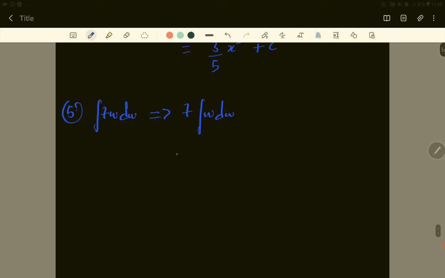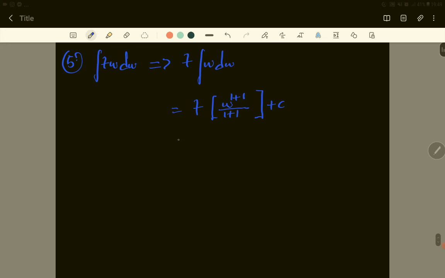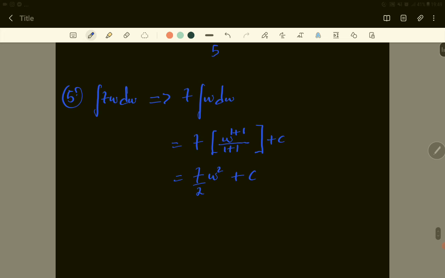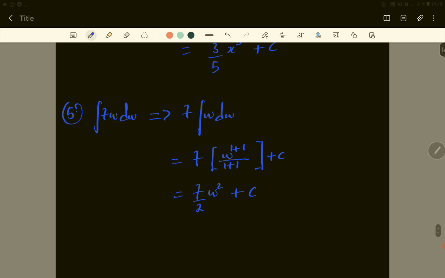And from here, we're going to have 7 times w to the power of 1 plus 1 divided by 1 plus 1, plus our constant c, and then this is 7 divided by 2 w squared plus c. Now, this is the final answer for this integral problem.